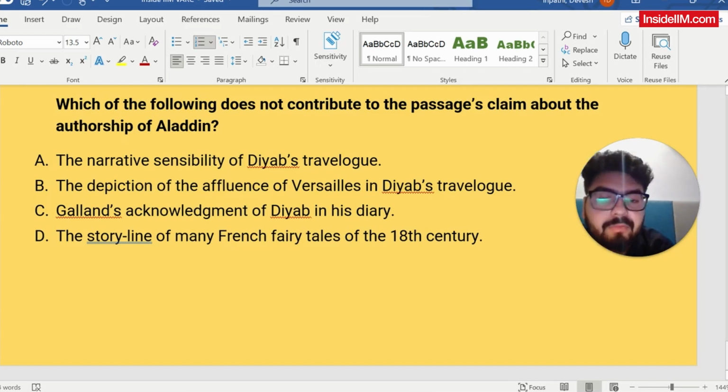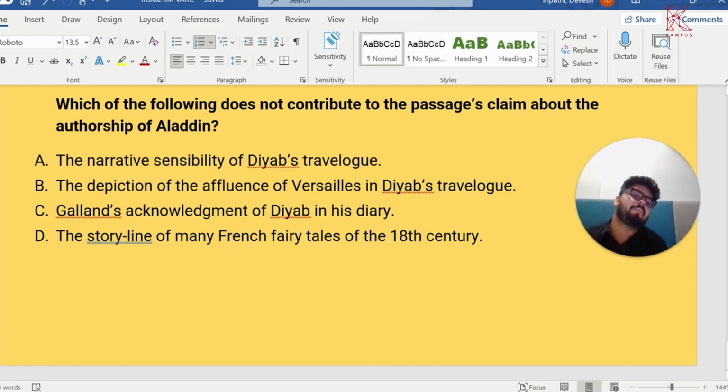Galland's acknowledgement of Diab in his diary. This is again a memory trap. Most people will mark this and comfortably feel that they have done a correct option, but no, it's wrong. Why does it not contribute to the passage's claim about the authorship of Aladdin? Galland has acknowledged that in his diary. In his diary, he has written that he heard the story of Aladdin from a Syrian traveler from Aleppo, and Hanna Diab was that traveler.